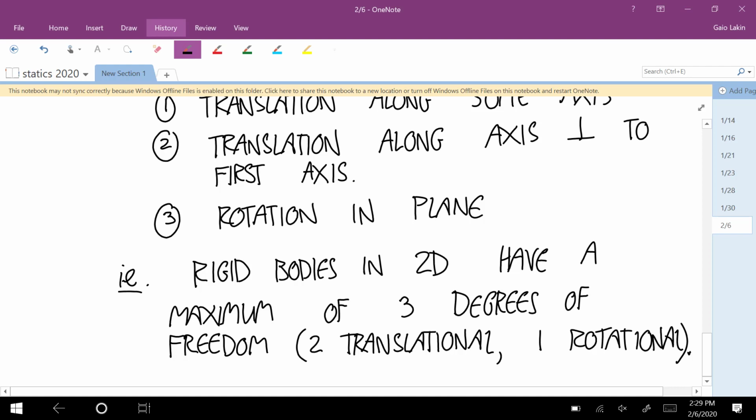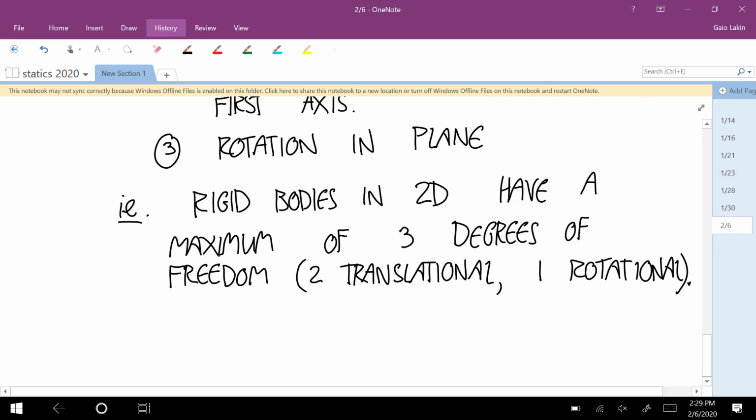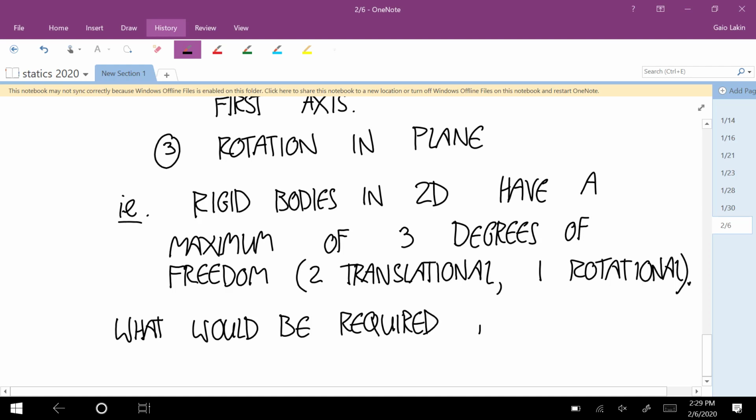Okay, so now think of what would be required to take away each of these degrees of freedom.